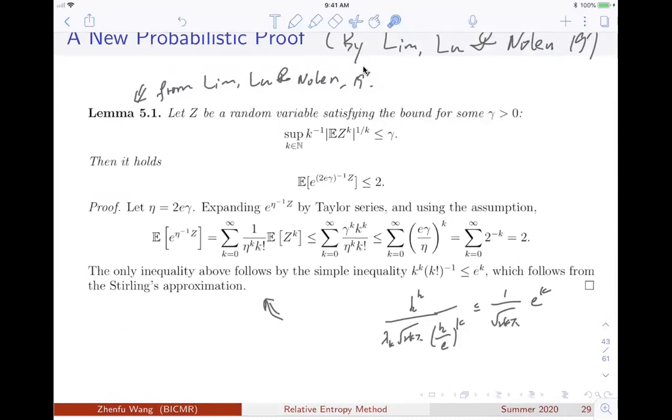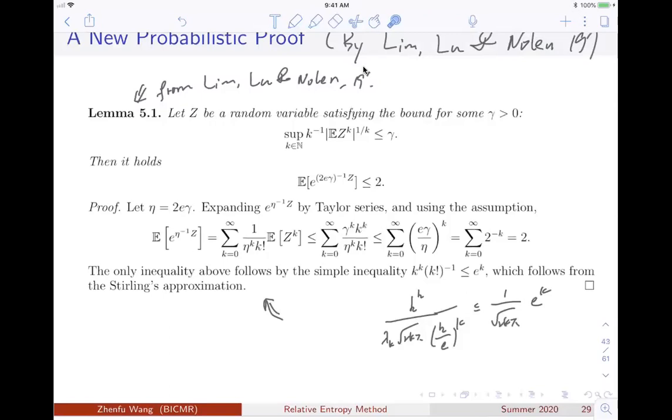This is a very easy lemma, but a very useful observation, and we also used it in our first paper. This first lemma says that if you can control any k moments, and the k norm grows at most linearly, then you can control the rest.